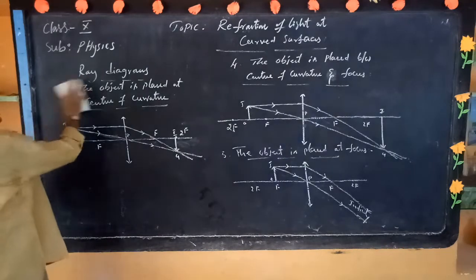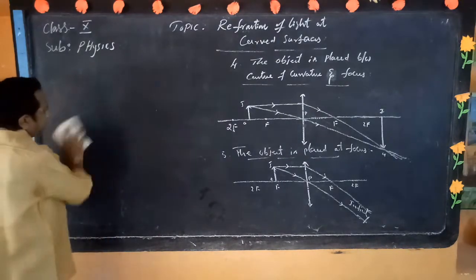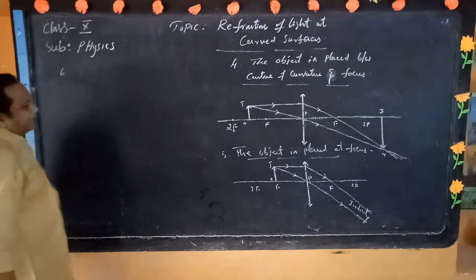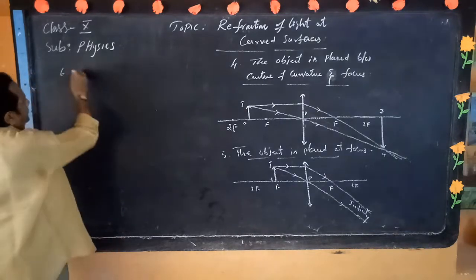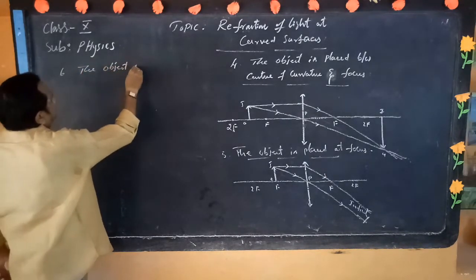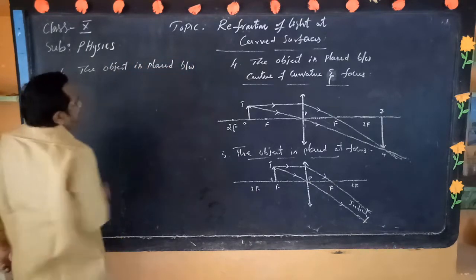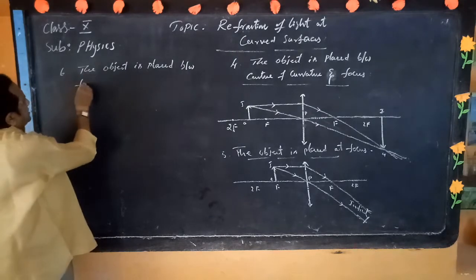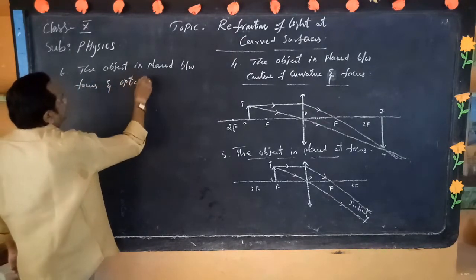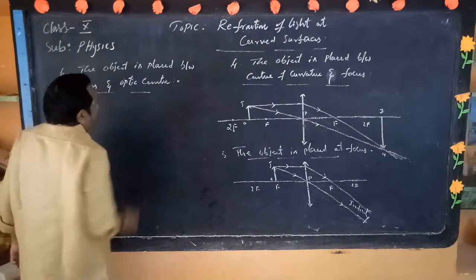Now the last condition to be considered: the object is placed between focus and pole, that is, between focus and optic center. Now where will the image be formed for the object?